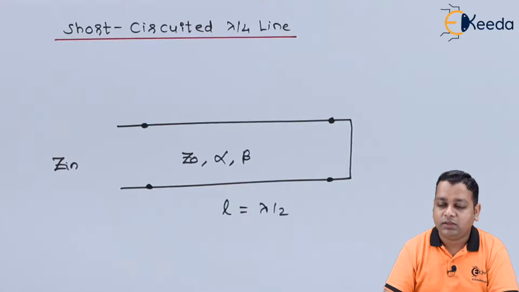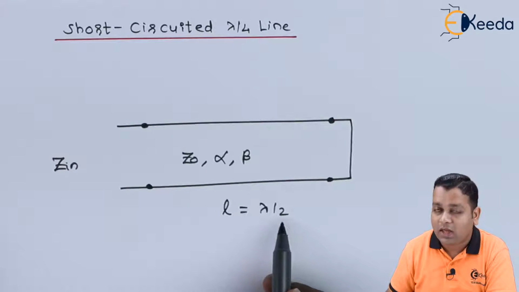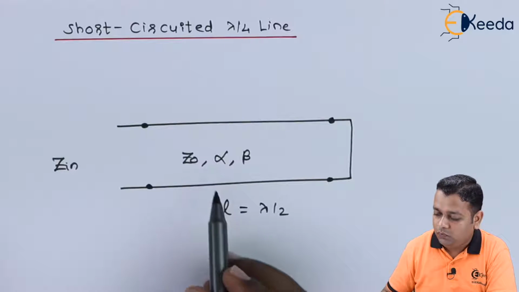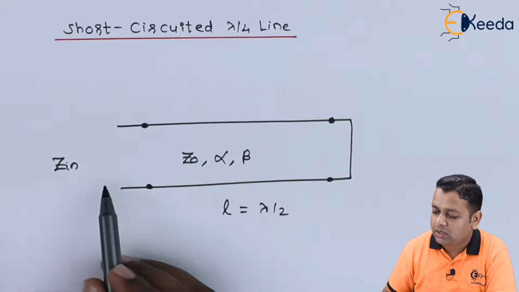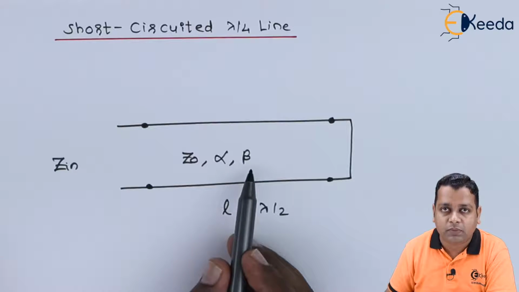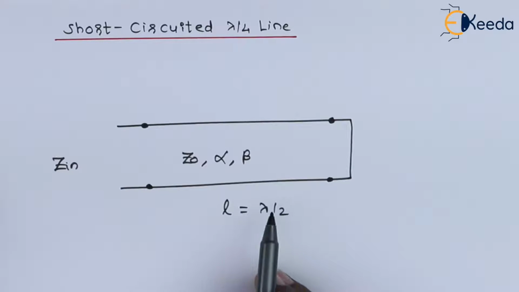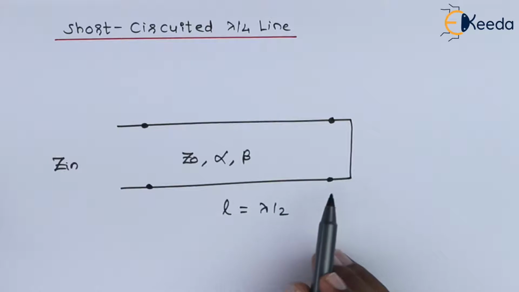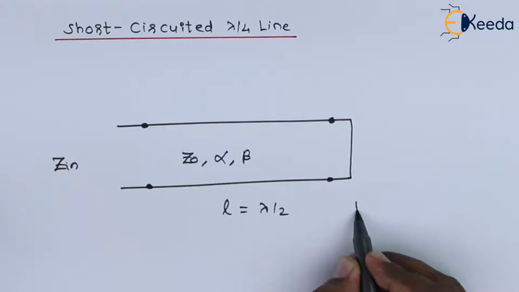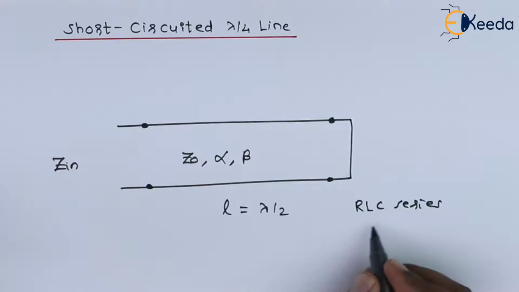Such a half wavelength transmission line, when short circuited at the end point, works as the RLC series resonant circuit.